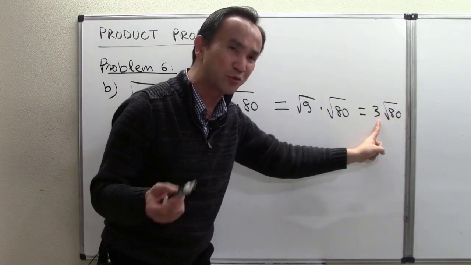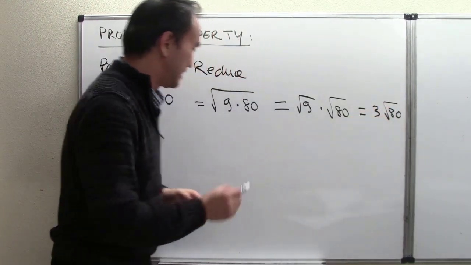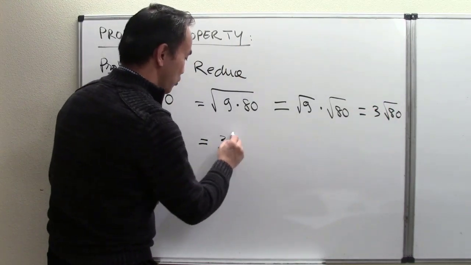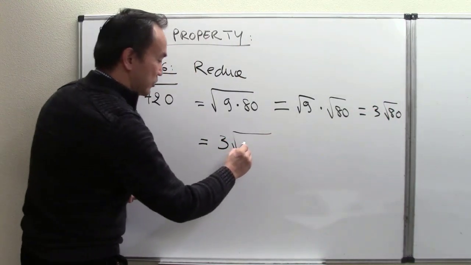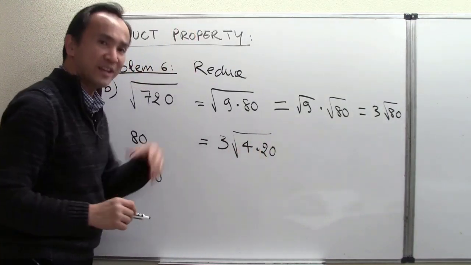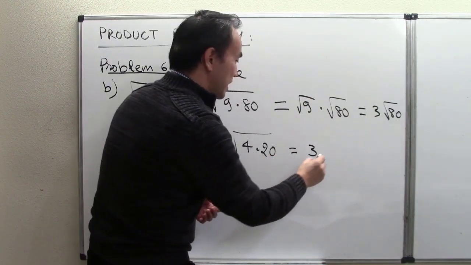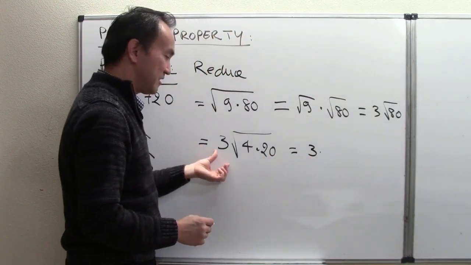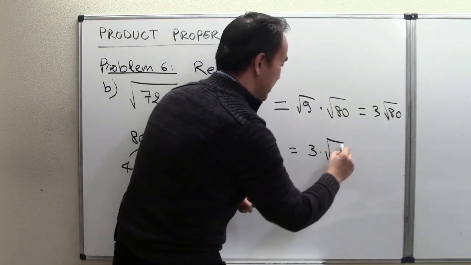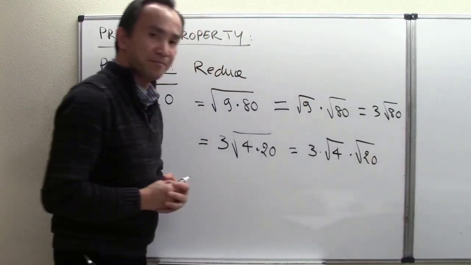The factor 3, we already found it there. And now between the 3 and the square root there is a product, and so that equals 3 times the square root of 80, which is understood as a product of 4 and 20. And so I can apply the product property again. The factor of 3 is left untouched. The square root of the product can be understood as the square root of 4 times the square root of 20.